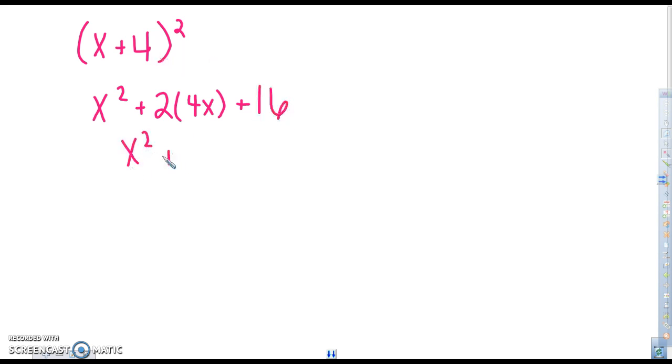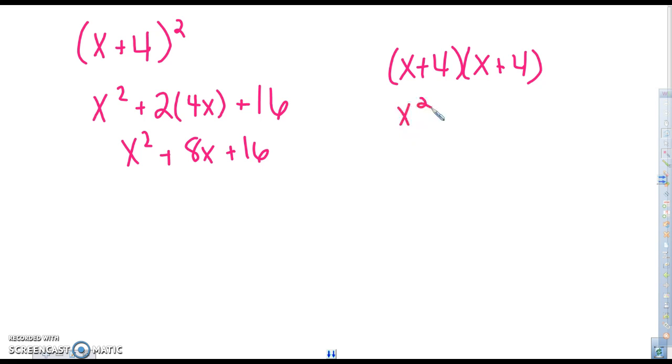So I would have x squared plus 8x plus 16. And I can check it by doing all-out FOIL if I really want to. So my first terms would give me x squared plus 4x plus 4x plus 16, which simplifies to x squared plus 8x plus 16.